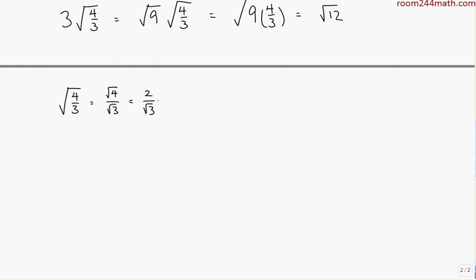And to do that with a simple denominator like root 3 is pretty straightforward. You just simply multiply both the denominator and the numerator by root 3. And since you're multiplying root 3 by itself, you're squaring it, leaving you with the integer 3. And the numerator just becomes 2 root 3.